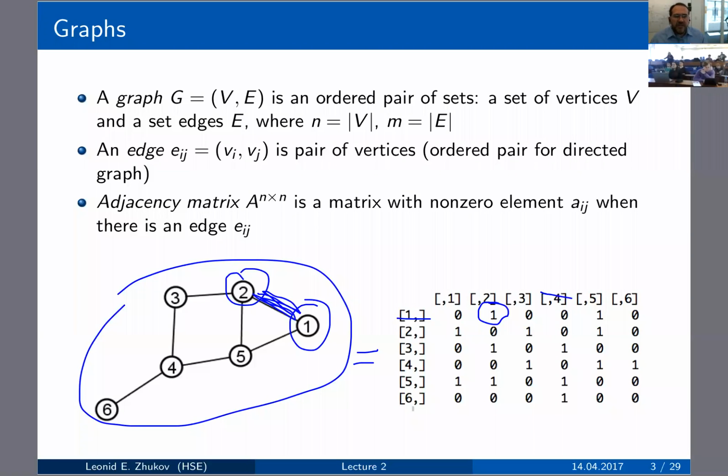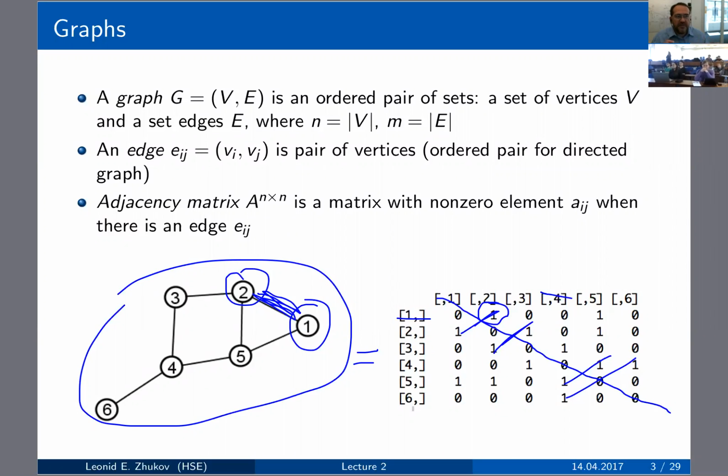A very important thing to notice here is that this matrix is symmetric. If I draw a diagonal, the values above and below the diagonal are identical. It's going to be symmetric for any undirected graph.